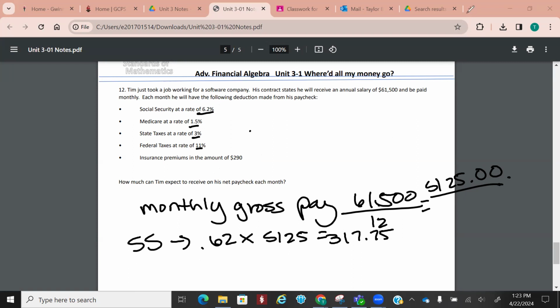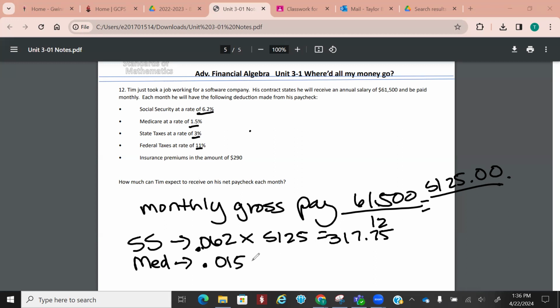Oh wait, it should be 0.062, not 0.62. Let me check that math really quick. 0.062 times 5,125. Oh no, that's right. I just forgot the zero.